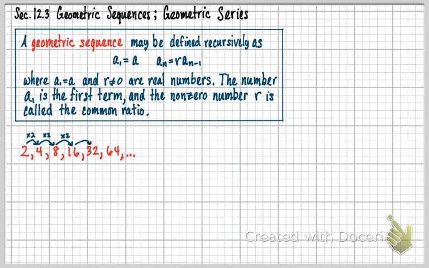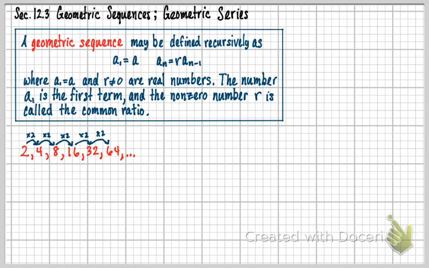So I'm just going to write the rest of them in there, because I want you to see something here. Then the recursive formula is very simple. Once I see that the multiplier here is 2, this becomes very easy, because A1 equals A and An equals R times An minus 1 really says it all for me.